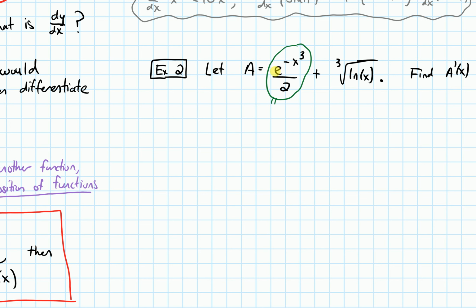That's because when you have a constant, like 2 in the denominator, we can move that constant in front and get 1/2 times e to the negative x cubed. Now I just have the function e to the negative x cubed with a constant in front of it, and once it's in this form, we don't need the quotient rule anymore.